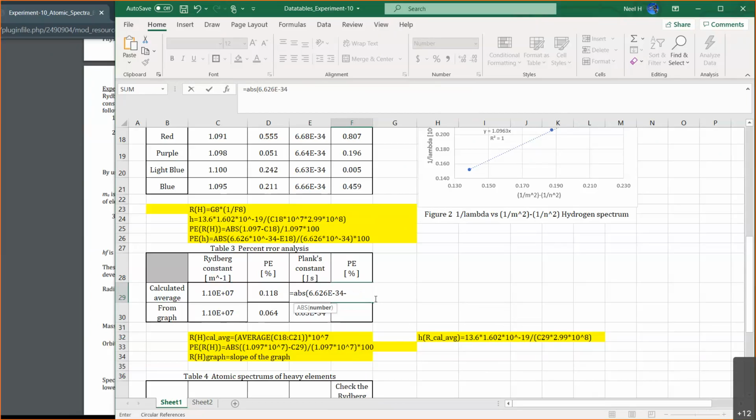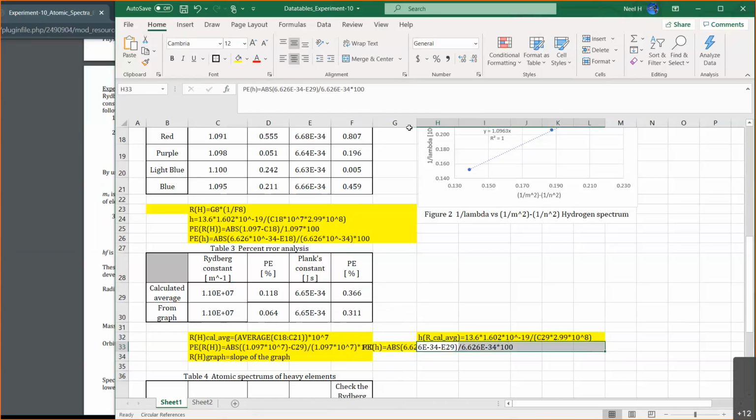Okay, minus sign. Calculated average is in cell number 29. Close brackets, divide by 6.626 E negative 34 times 100. And then click and drag. That is the PE for the Planck constant. Okay, guys, any question?